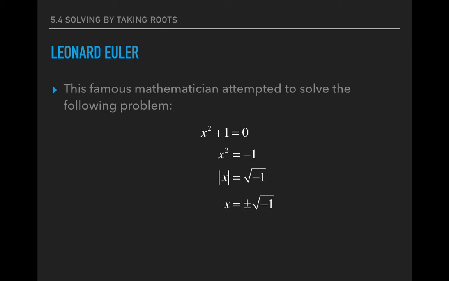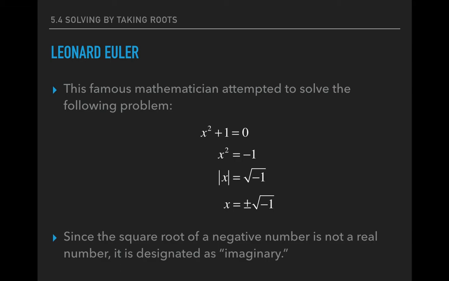So you would have either positive or negative square root of -1, but there is no number in our system that we've studied so far that you can take the square root of -1 and find it to be some value. You can't take the root of a negative number and get a real number.